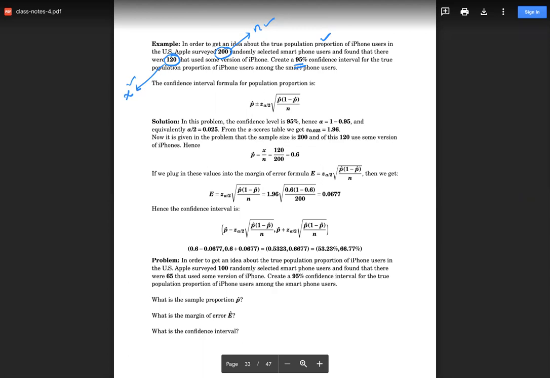Once again, here what we are doing, oh sorry, not X. We are finding the sample proportion, P hat. And from that, you're trying to estimate P, which is the population proportion.